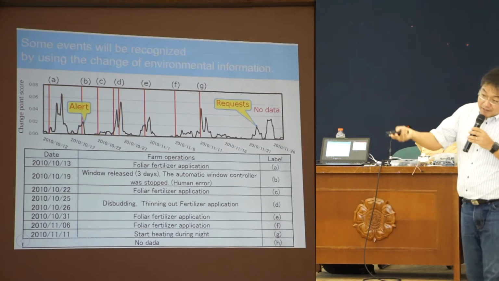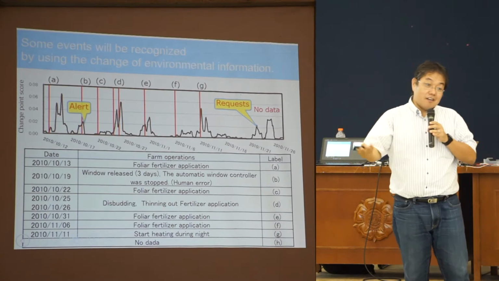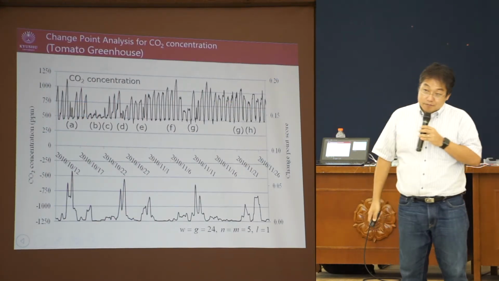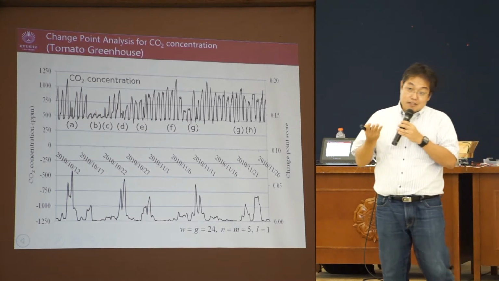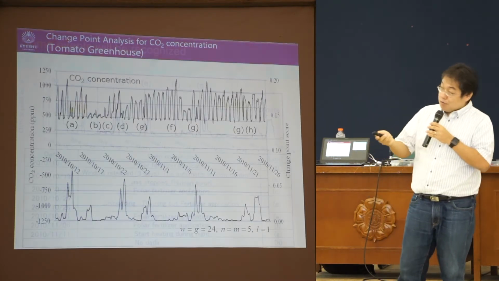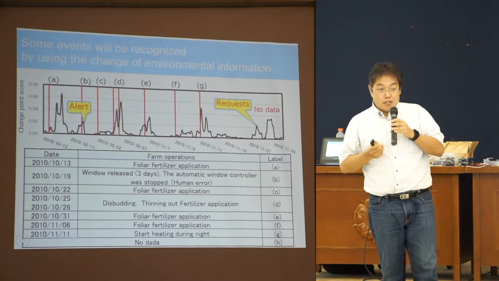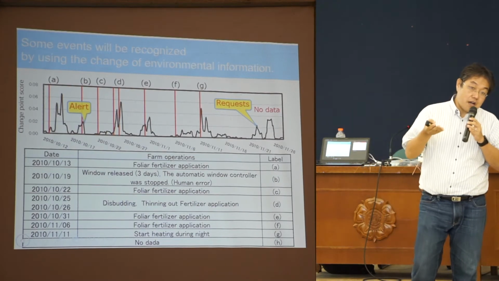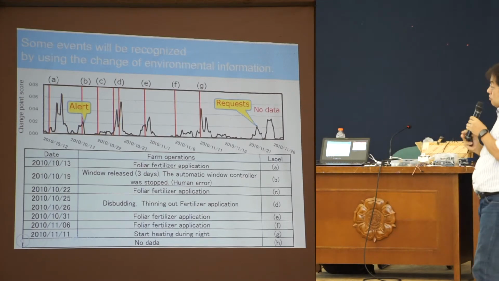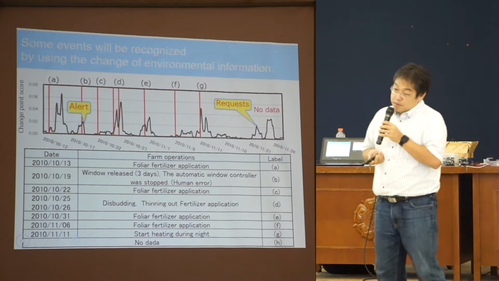So farmers applied fertilizer to the plant, so a change point occurred. So the plant changes the profile because the CO2 concentration is changed, or photosynthesis action becomes rare, so CO2 concentration changes due to such kind of application.